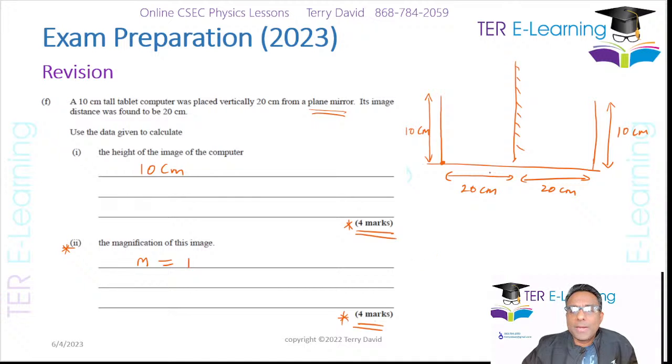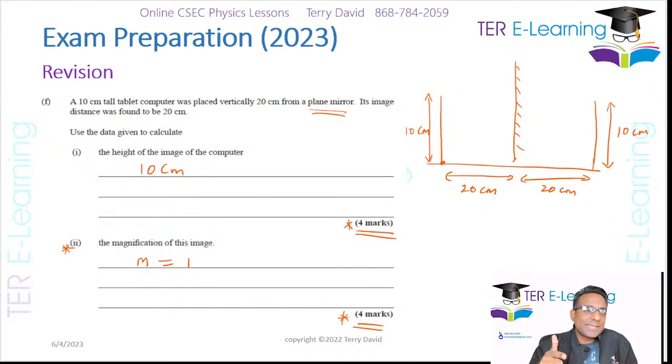Let me just tell you something about the properties of the image in a plane mirror, which is something that could come up in your exam. They could ask you for the properties of the image in a plane mirror. One, the image is laterally inverted. What that means is that when you look at a mirror and you hold up your right hand, it looks as if you're holding up your left hand. So that's lateral inversion.